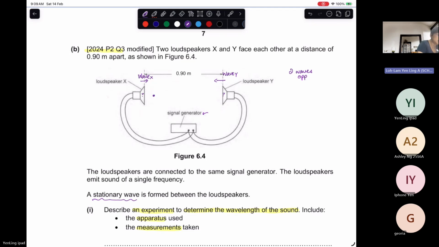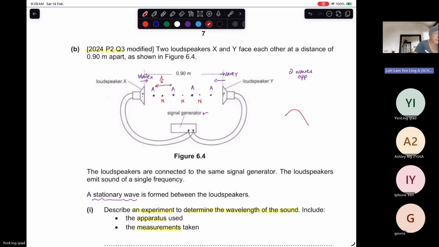But we do note that there will be positions of nodes and antinodes in between. So if these were antinode positions for the longitudinal sound wave, then in between we have node positions. And when we have these positions, of course, we know that the distance between two antinodes will be lambda over 2.